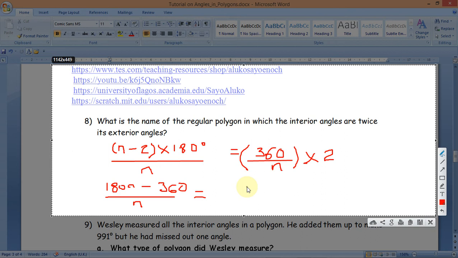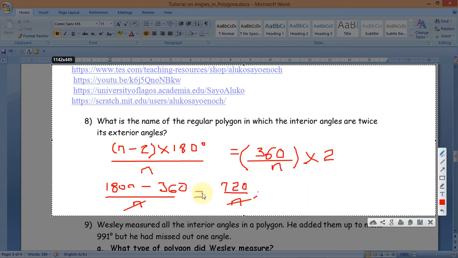You can use your calculator to confirm. 360 times 2 is 720. 720 divided by n. So you see that this n is common, so you can cancel it out and continue your solution here.